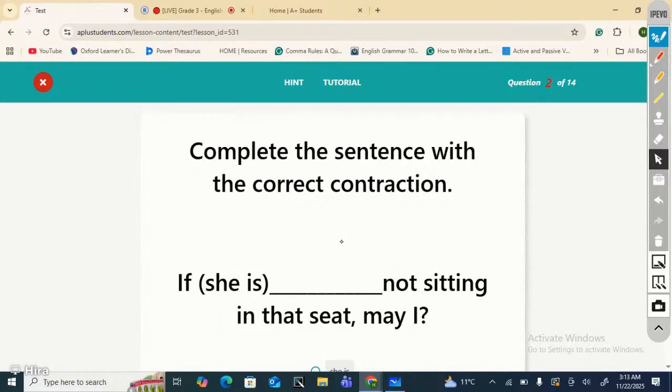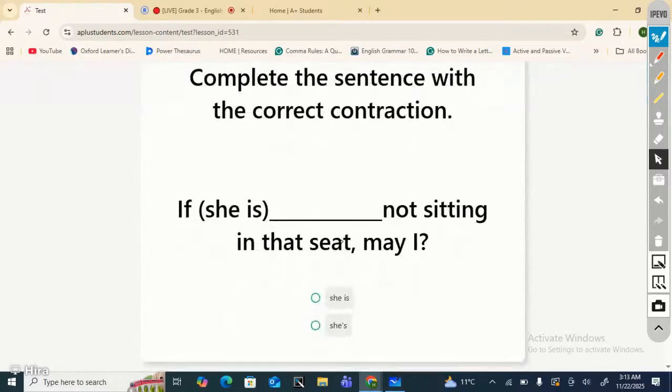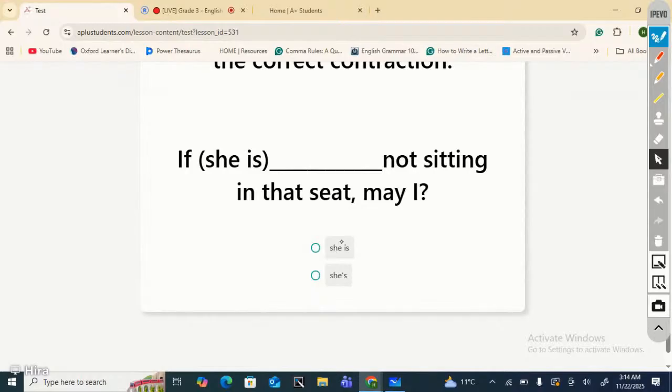Complete the sentence with the correct contraction. If she is not sitting in that seat, may I? The two words in the parentheses are she is.